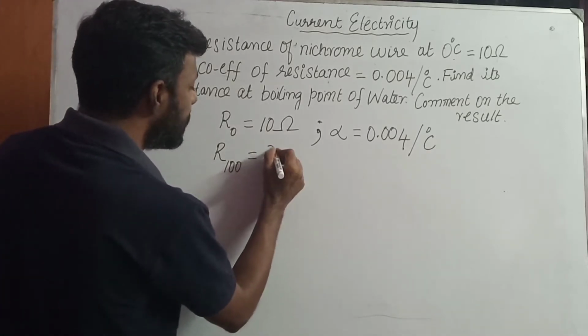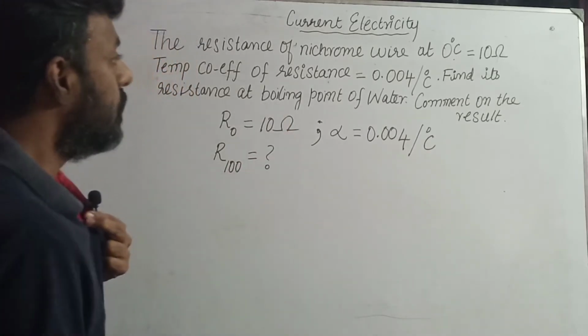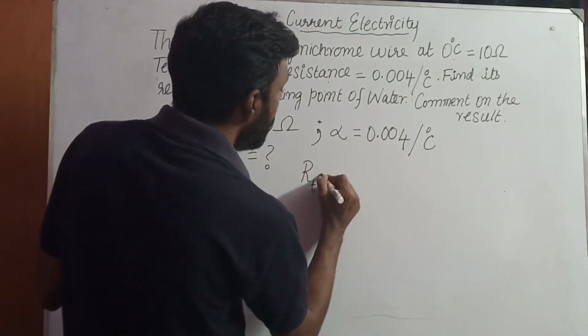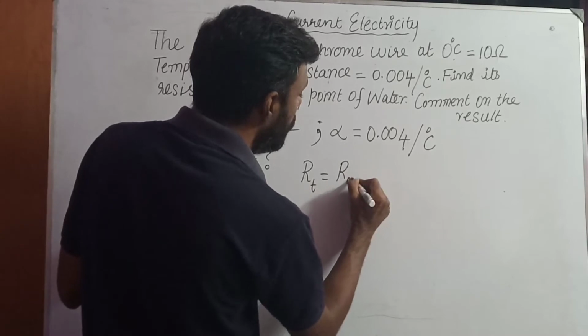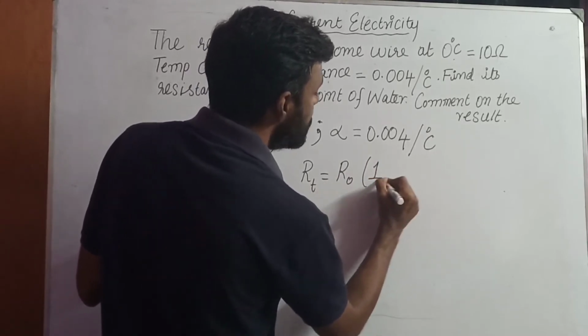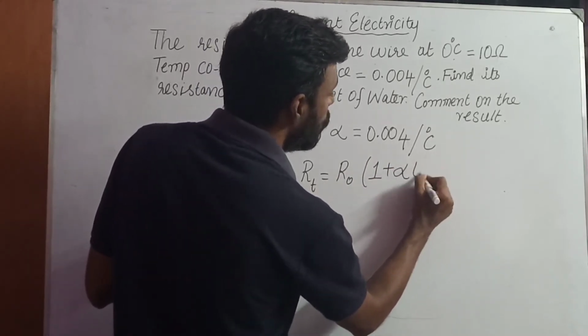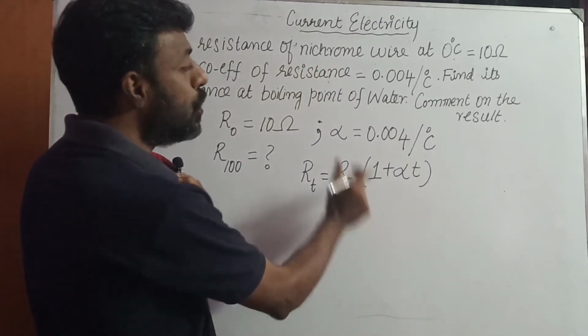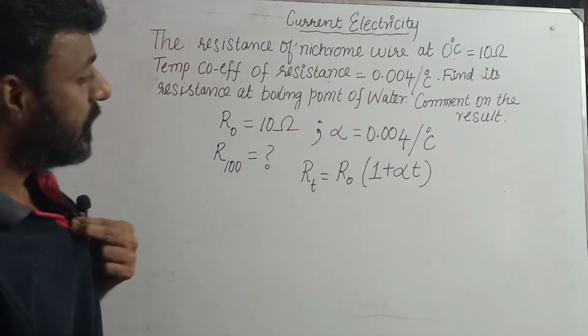We know that RT is equal to R0 into 1 plus alpha T. This is the formula; using it, we derive the solution.